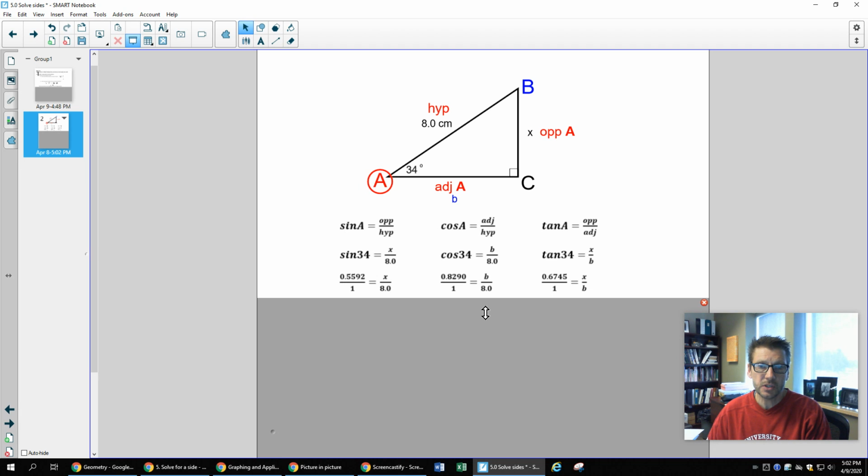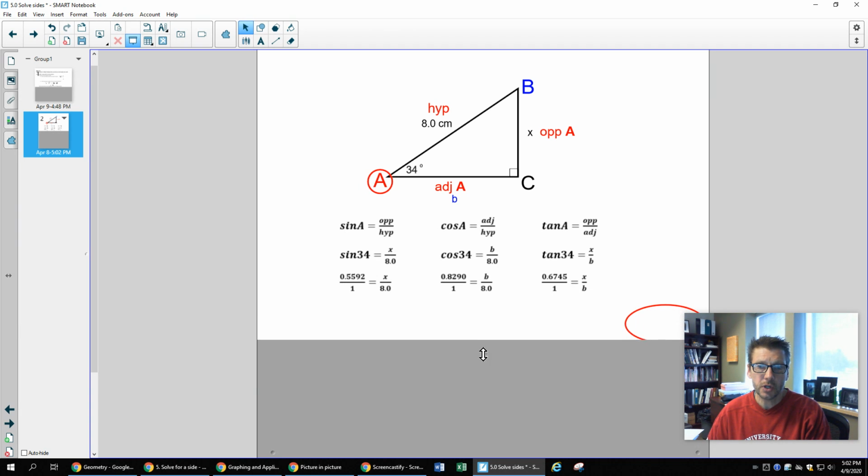So now the question is, which ratio should I use to solve my problem? Well, which ratio can I cross multiply with? If I want to solve for x, I can't cross multiply and have x and b in it because I've got two things that I don't know. I don't know x and I don't know b. I can't use this example.